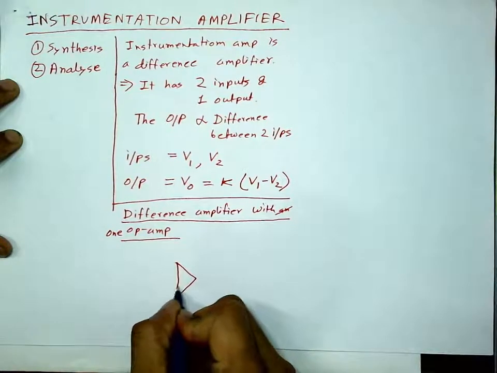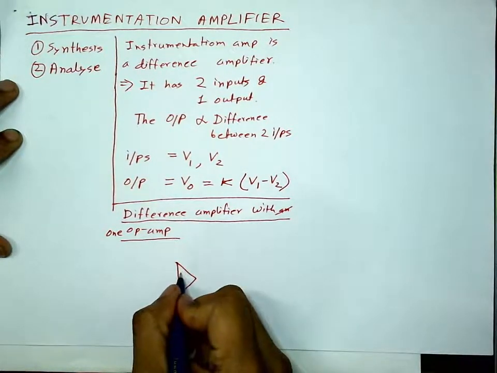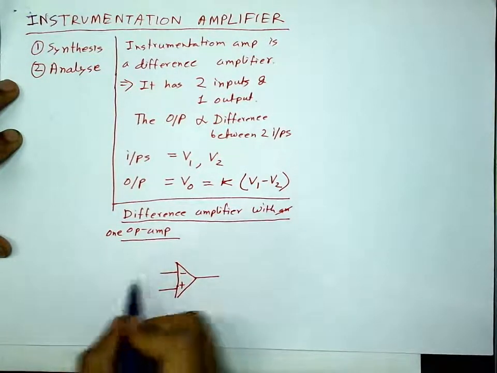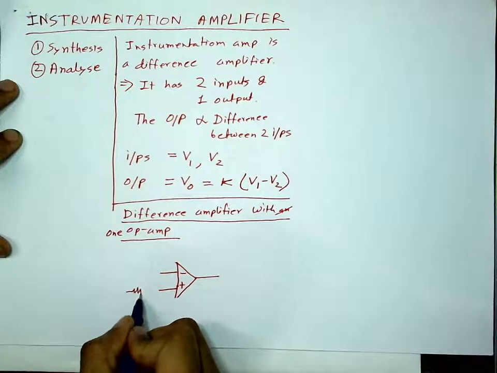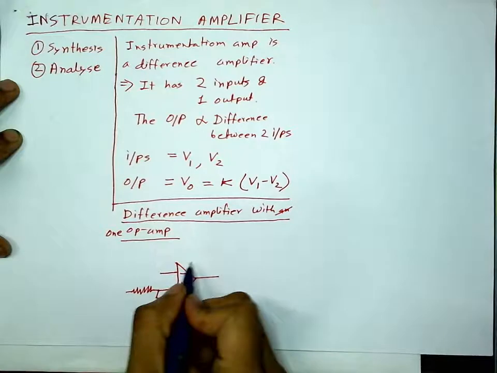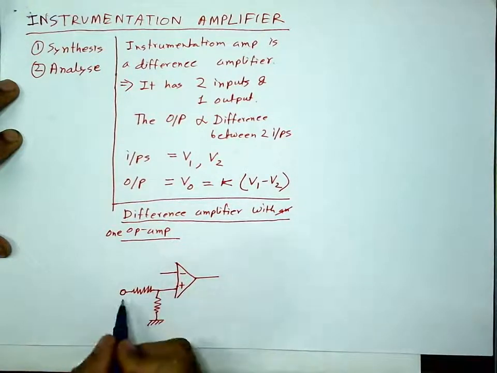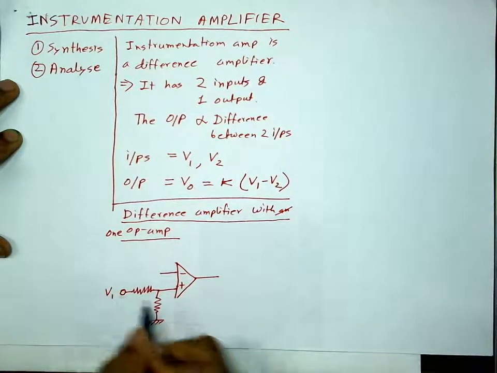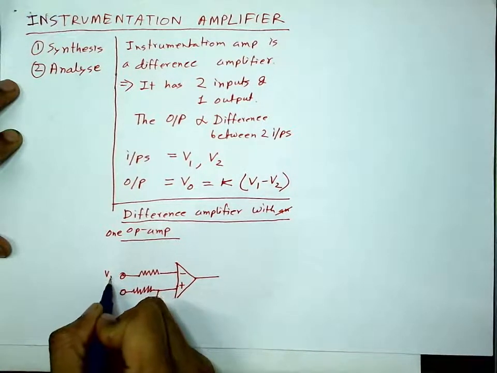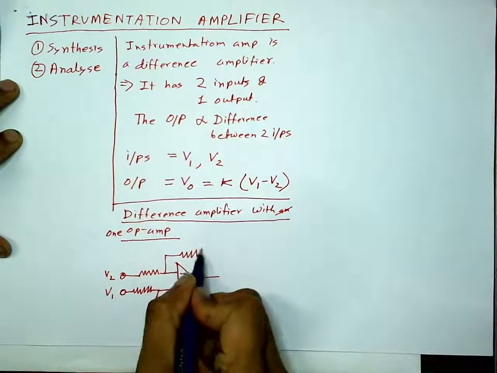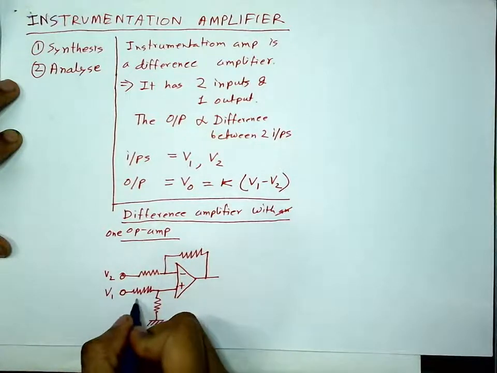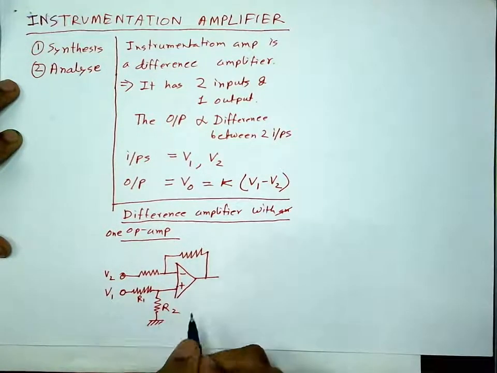This is my op-amp. It has two inputs, minus, plus, one output, and there will be a potential divider connected here, and we'll have one input here, call it V1. There will be one more input here, call it V2, and there is a feedback from output. Let me call these resistances R1, R2.